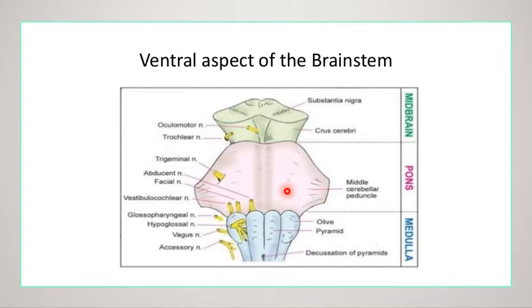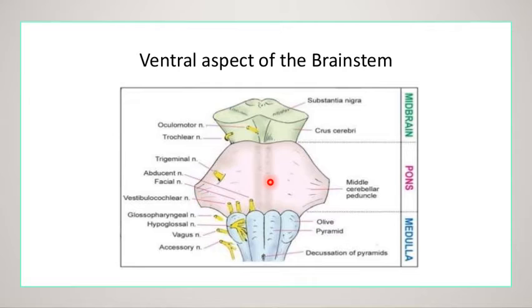Now we need to also understand that pons shows a convex anterior surface marked by prominent transversely running fibers. The striations you are seeing indicate that the fibers are running from this side to this side, but see here it forms a bundle, and this is the middle cerebellar peduncle this side and also on this side.